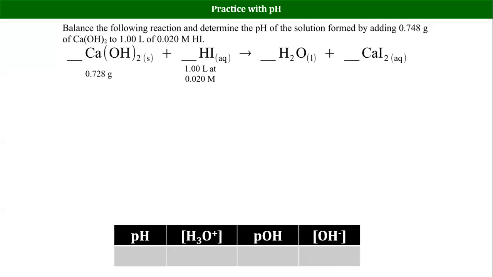So we get 0.0197. Carrying ones is fine.